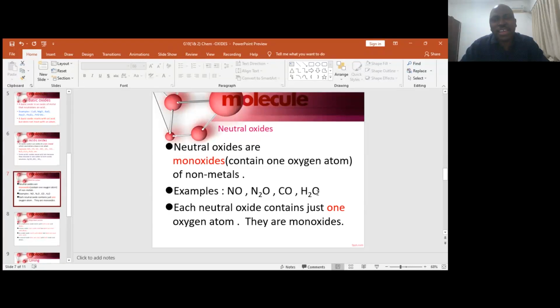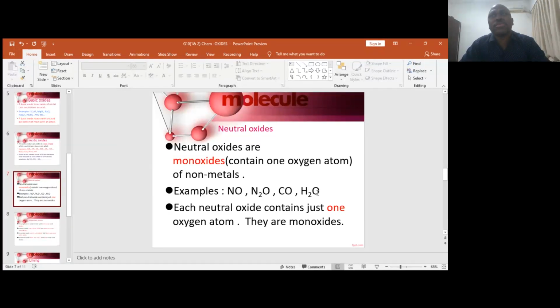Well, it is acidic oxide. Why? Because nitrogen is a non-metal and it has more than one oxygen atom. So that is nitrogen, that is acidic oxide. What type of oxide is chromium 3 oxide?